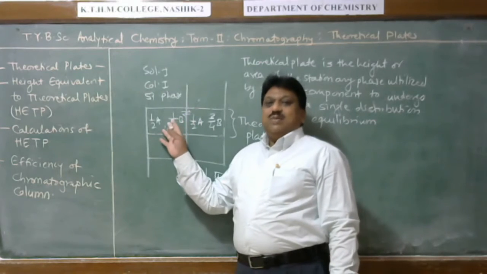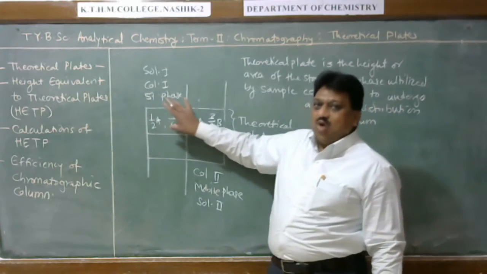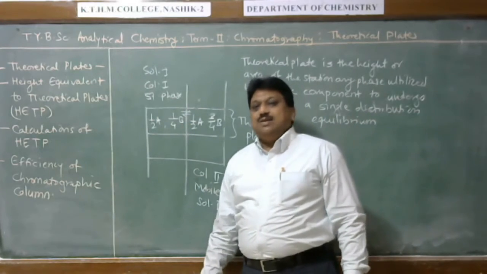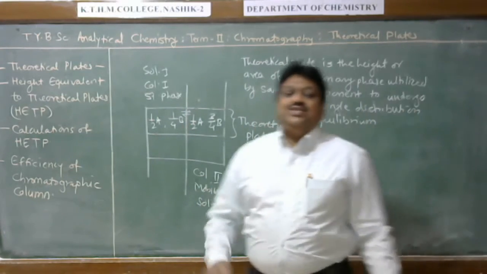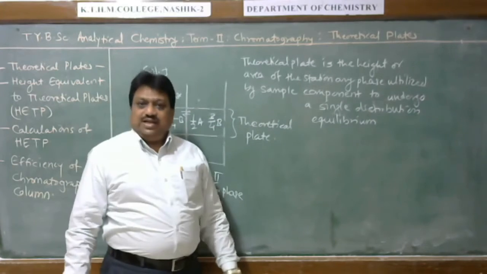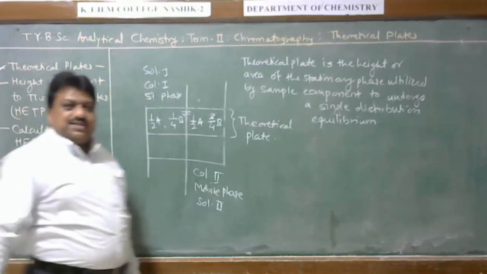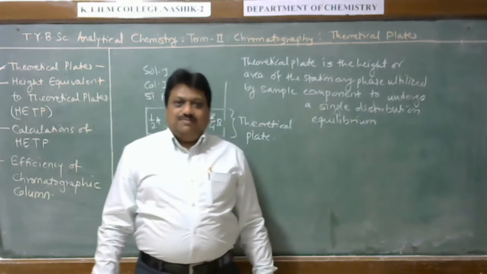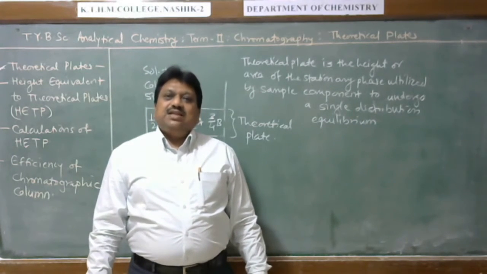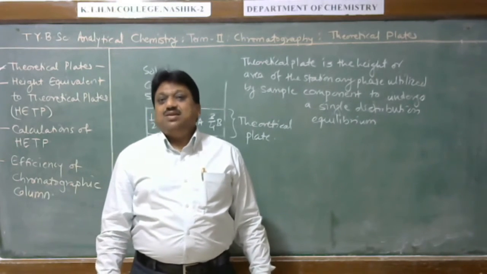Therefore, in chromatography, the theoretical plate is a height of the column, that may be stationary phase or mobile phase, utilized by the sample component to undergo a single distribution equilibrium between the stationary phase and the mobile phase. And this area is called the theoretical plate.